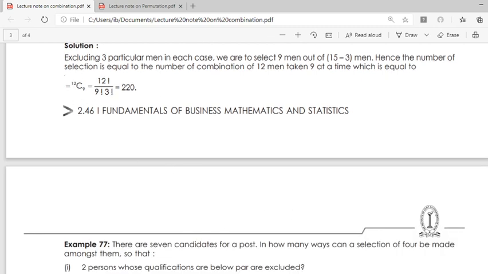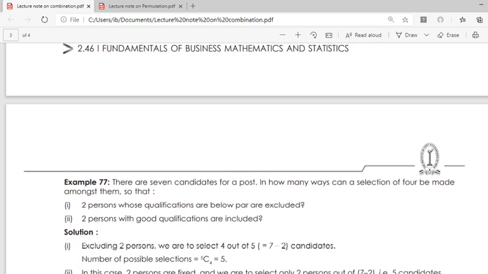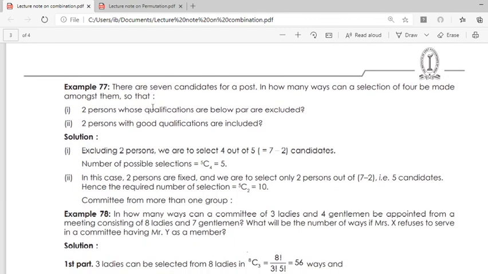Now look at example 77. There are 7 candidates for a post. In how many ways can the selection of 4 be made among them so that 1, 2 persons whose qualifications are below par are excluded, and 2, 2 persons with good qualifications are included? You have 7 candidates for a post and you want to make a selection of 4.